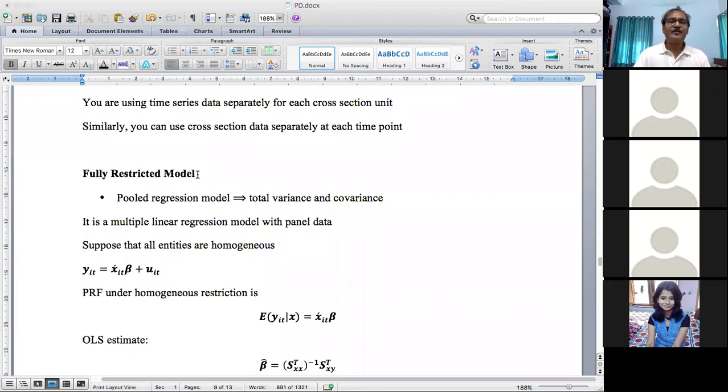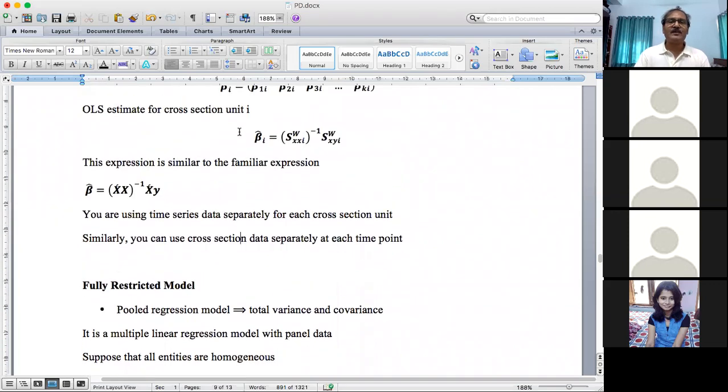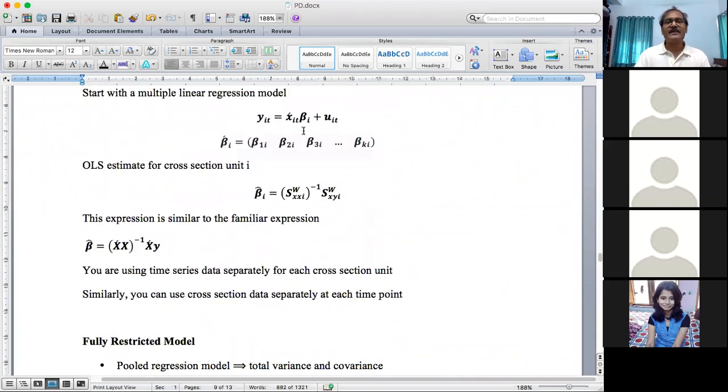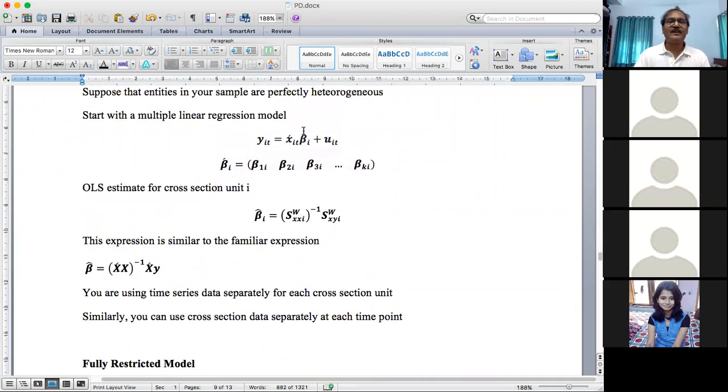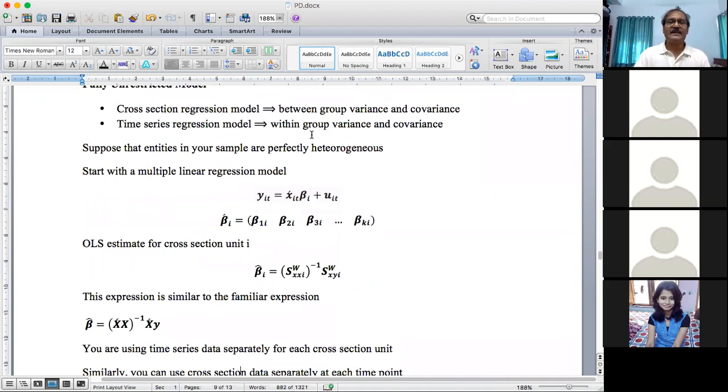If perfectly homogeneous, then in continuation with our above example, the MPC will be the same for all cross-section units. Suppose our cross-section units are countries: country 1, country 2, country 3, country 4. In the unrestricted model, we have different values of MPC for different countries, because we are assuming all countries are perfectly heterogeneous.